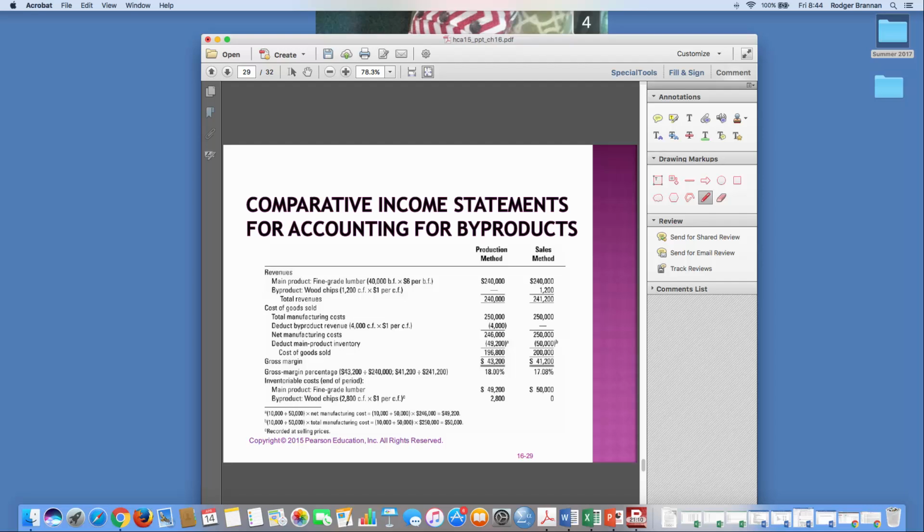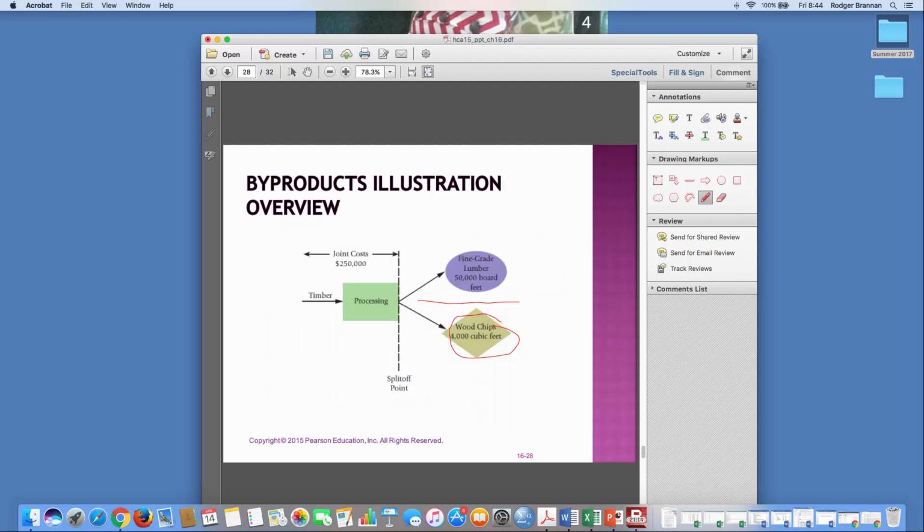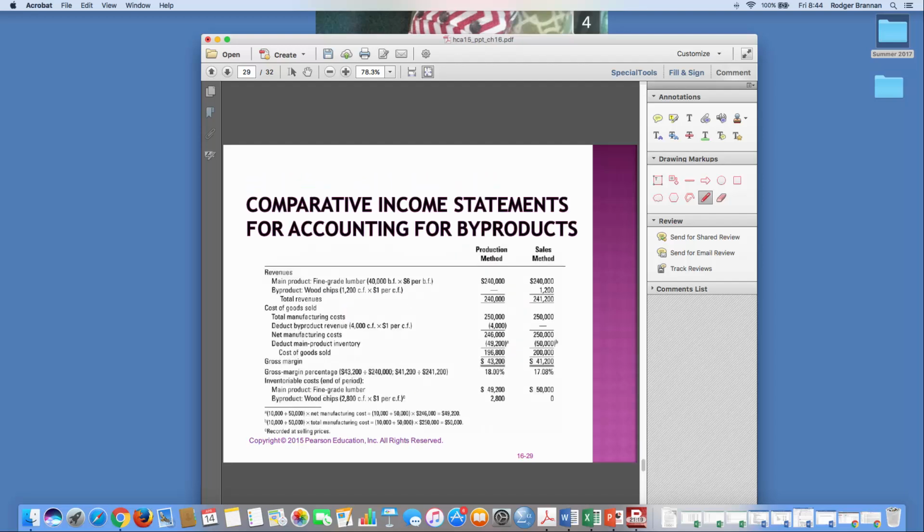If we go back here, notice that they produce 4,000 cubic feet of wood chips. The assumption is that you can get $1 per cubic foot. So my sales price for the wood chips is more or less the cost.